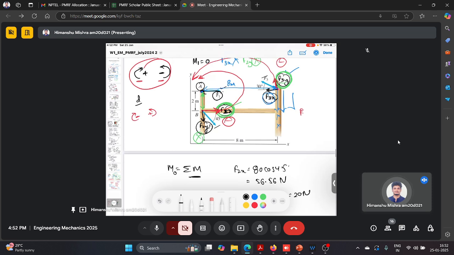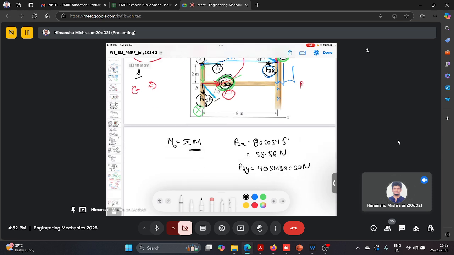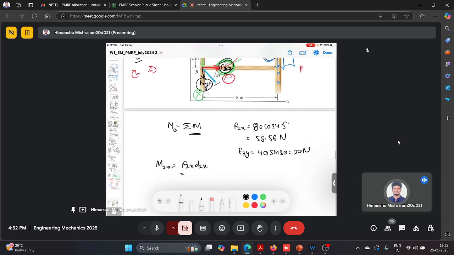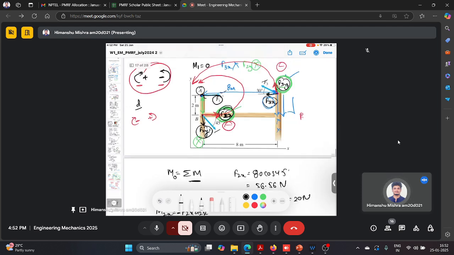So F3y is 20 Newton and F2x is 56.56 Newton. So my movement due to F2x is F2x times d2x. So F2x is 56.56, and this is negative because we have just discussed both are in anti-clockwise direction. So the movement due to both forces is negative.